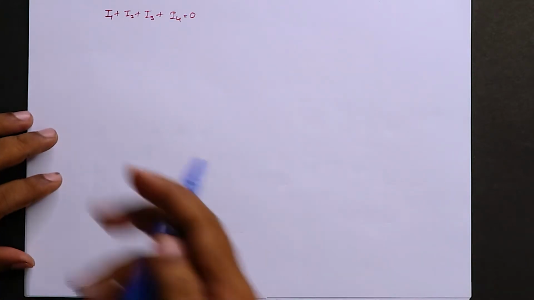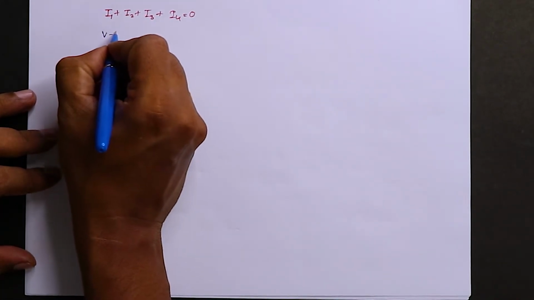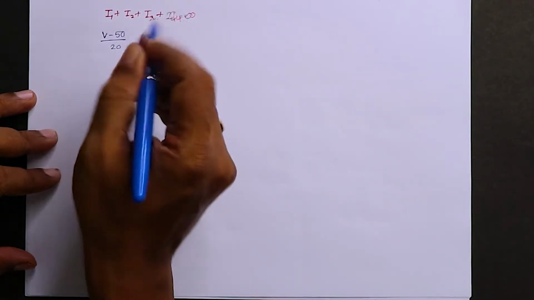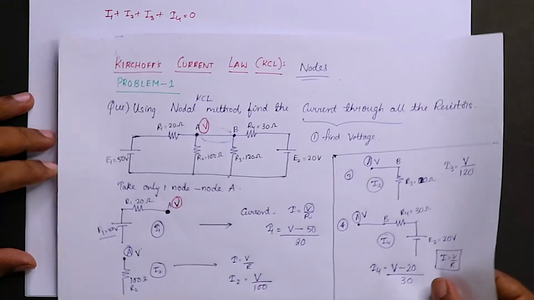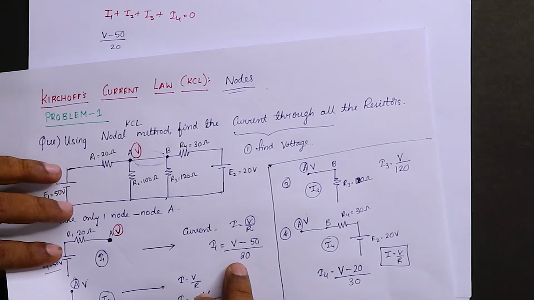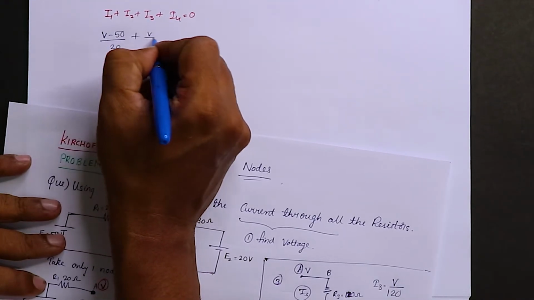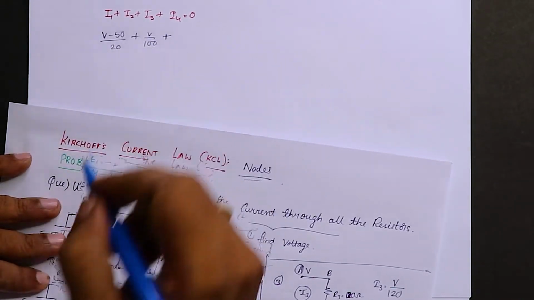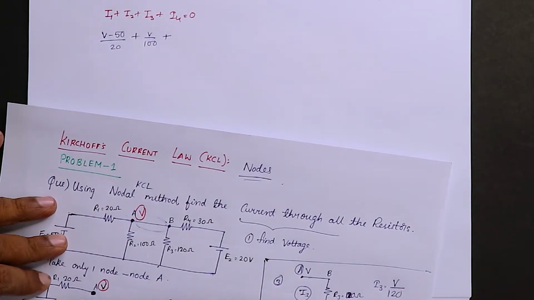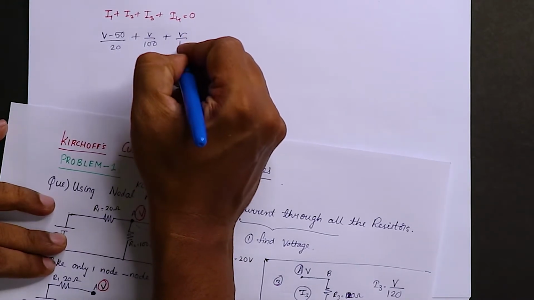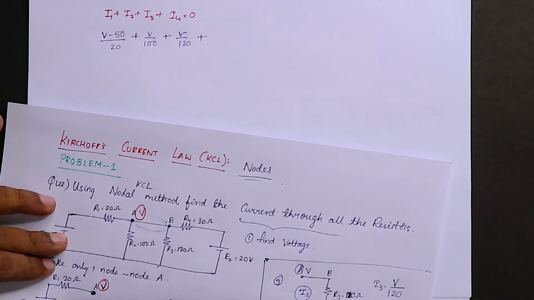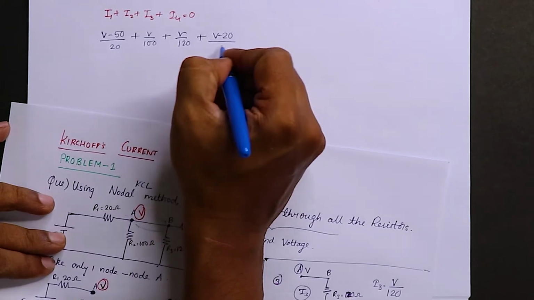I1 we have already taken as (V minus 50) by 20, and I2 is V by 100. You need to be very careful while writing this. I3 is V by 120, plus I4 is (V minus 20) by 30, equal to 0.